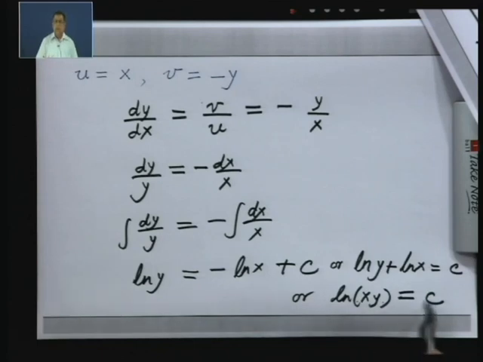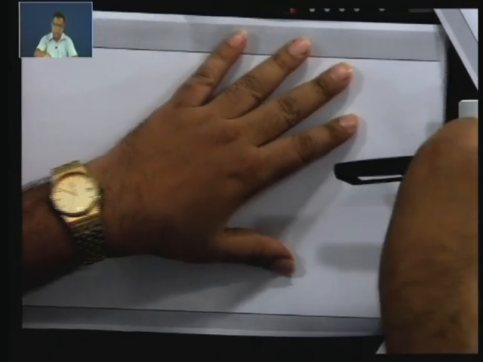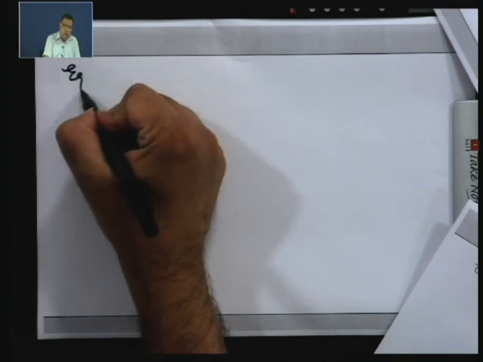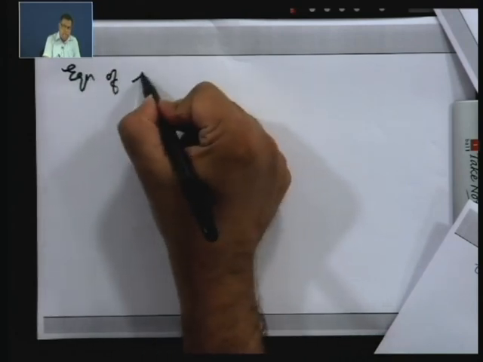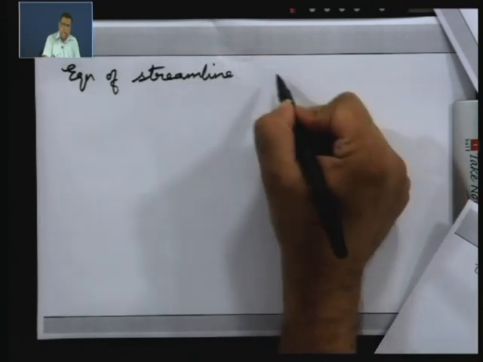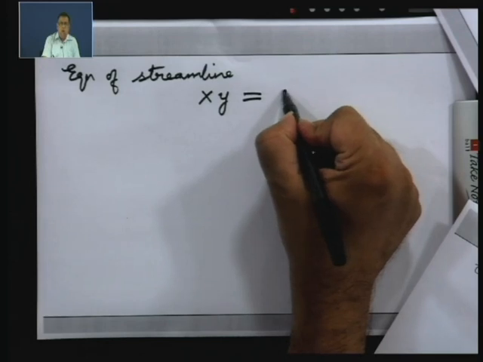Now, if log of x y is a constant, that means x y is a constant. So, equation of streamline is of the form for this particular flow x y equal to constant.